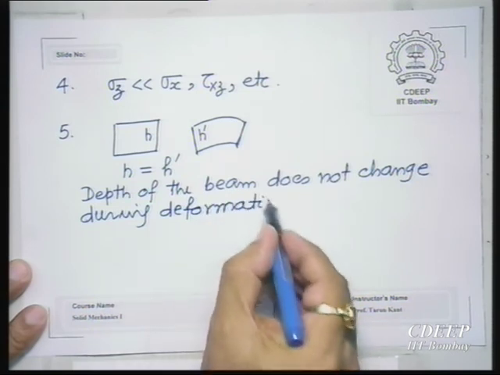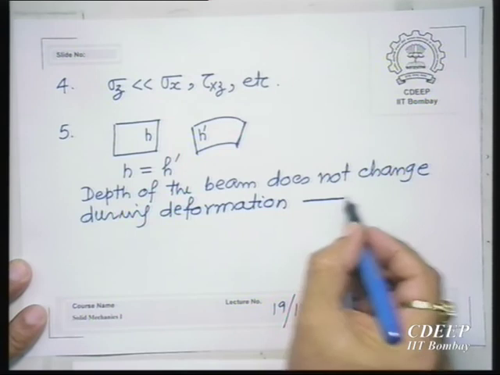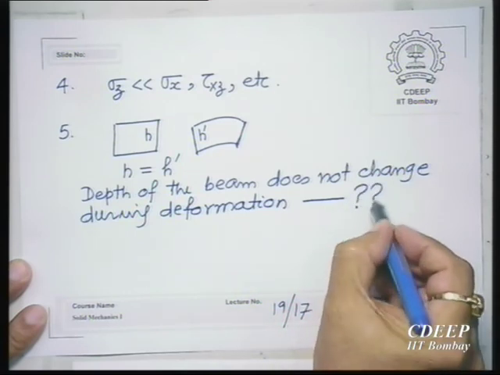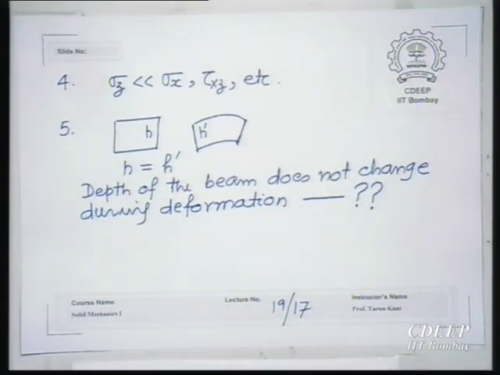Because this is also an assumption, this I have not explained. I will explain it later when time comes. But you keep it. This is one of the assumptions that we have to make while deriving the beam theory properly.